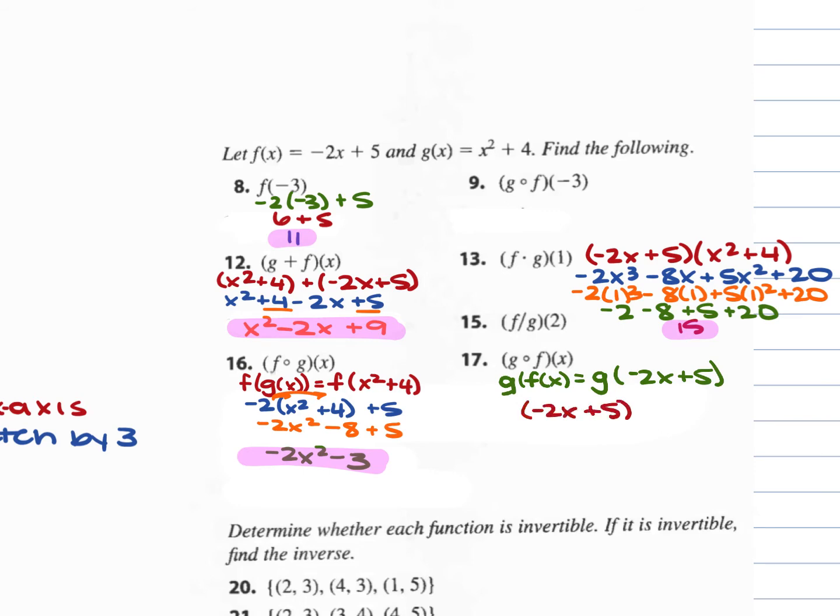If you want to write it as negative 2x plus 5 times negative 2x plus 5, you can. And you have that plus 4 after. FOIL that out. You're going to have 4x squared minus 10x plus 25 plus 4. Combine your like terms. You have 4x squared minus 20x plus 29.